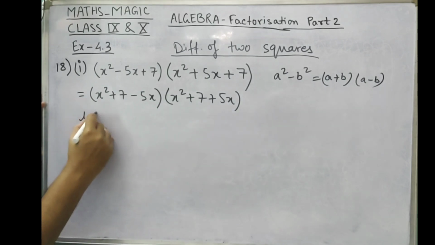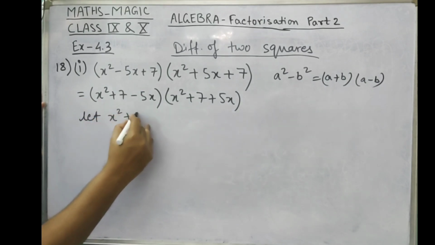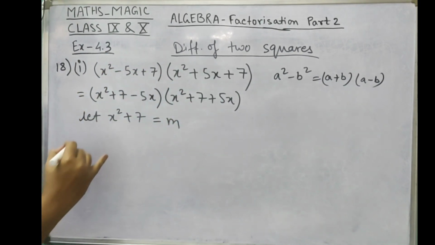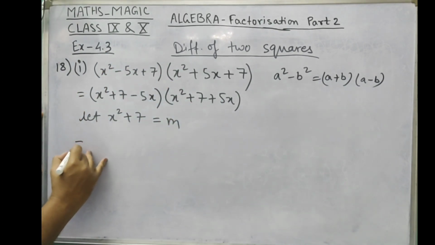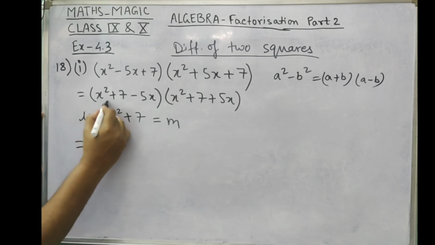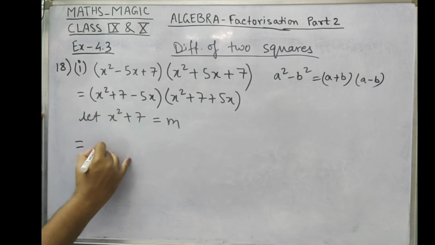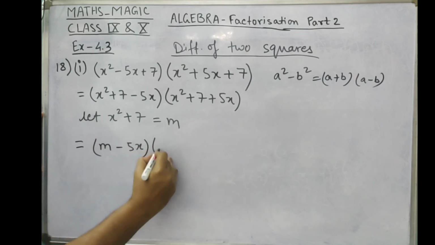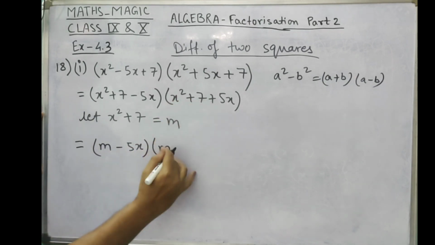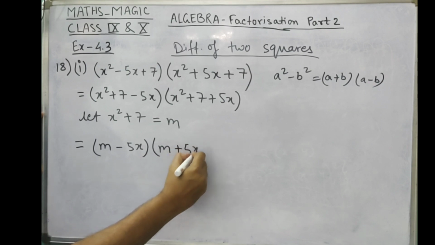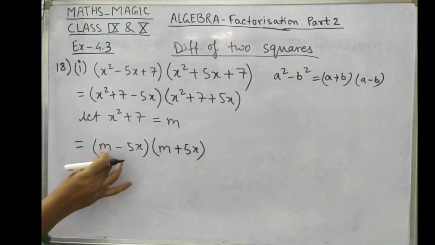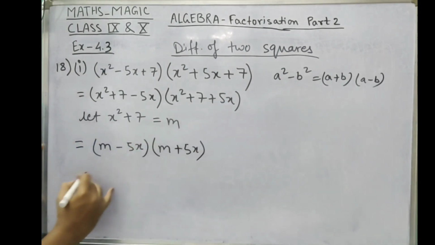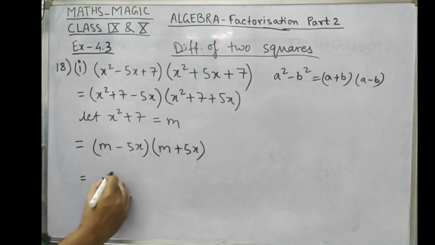Now let x square plus 7 be equal to m. The moment you do this, the sum becomes very easy. So you have x square plus 7 as m minus 5x, and this as m plus 5x. Now we have a minus b, a plus b, this formula. So a square minus b square.